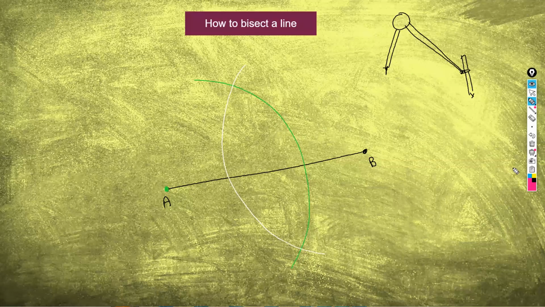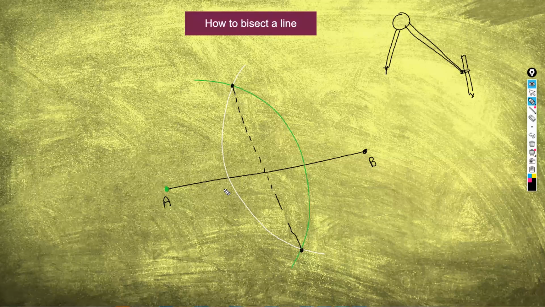The two arcs will meet on top and underneath. All you have to do is connect those two points. And you see this dashed line, it will cut the original line in half, exactly in half. Now, this is a Form 2 topic, but it might be a little rusty in your head.